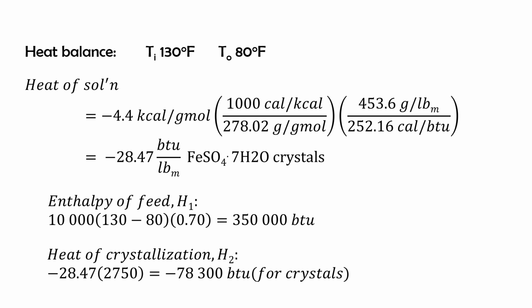Next, for the heat of crystallization, the H sub 2, we'll have negative 28.47, the heat of solution, times 2,750, the amount of crystals, which leads us to the answer of negative 78,300 BTU.